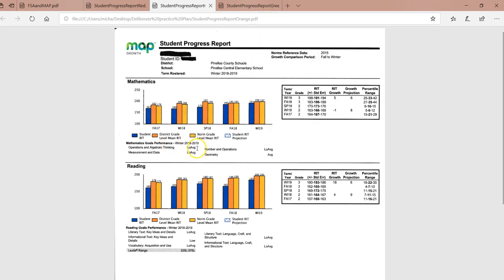So this student is low average in operations and algebraic thinking, low average in measurement and data, low average in number and operations, and average in geometry. Again, this is a student who falls within the level 2 range.